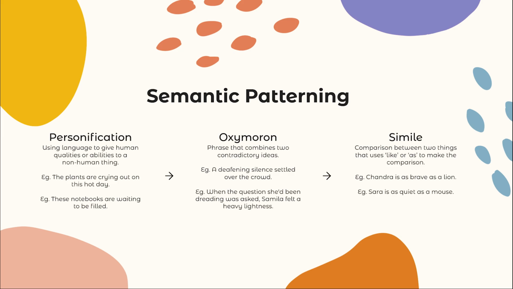Next up, we've got similes. Similes provide a comparison between two things, and they always use like or as. So our example here, we've got Chandra is as brave as a lion. Take a moment, have a think. What does it mean if we compare someone to a lion? Here we might be saying that Chandra is brave, confident, strong and powerful.